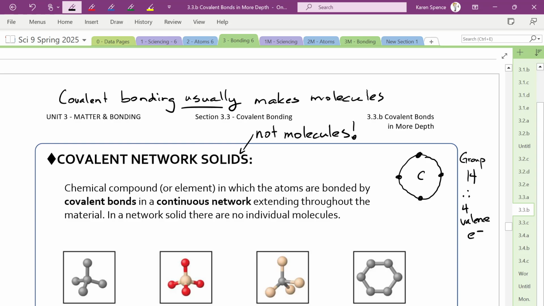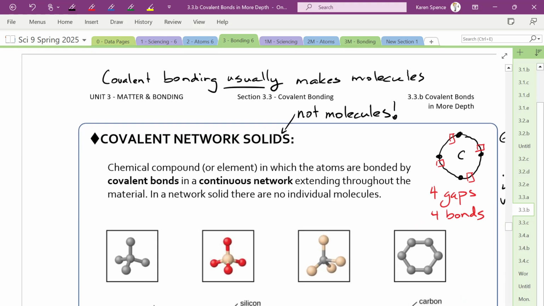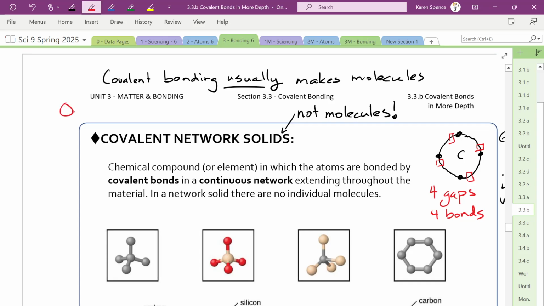How many gaps does that give carbon? It has 4 gaps, which means it can form 4 bonds, instead of like oxygen and hydrogen, say for example, where oxygen just has 1 gap, hydrogen just has 1 gap, so we can only really form 1 bond in each direction, and we can't form a big network.